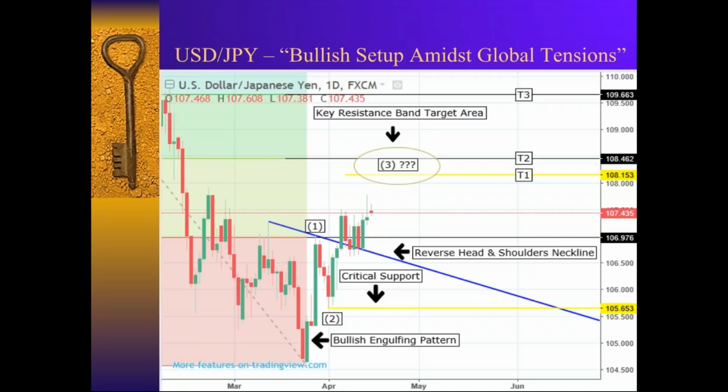At the same point, we had some levels that we started to discover because of this move, because of the bullish engulfing pattern signal. And then there was a reverse head and shoulders neckline. If you look at the blue line coming down on an angle, the point where it says 1, it starts on a previous high before that significant low where the bullish engulfing pattern was established.